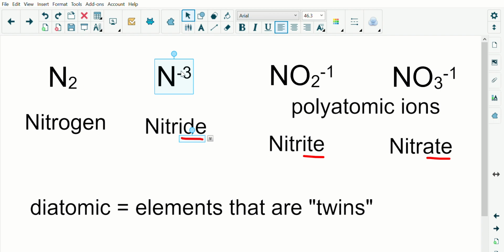So if you're using charges from the periodic table, your +1, your +2, your -1, your -2, the ending is going to be "ide" every single time, unless, again, it's on the back. Which, fun fact, this is the next video. So we will not be talking about this for the rest of the video.